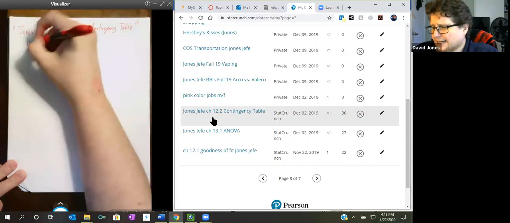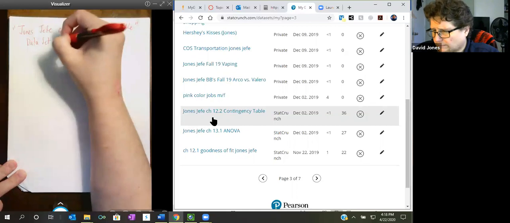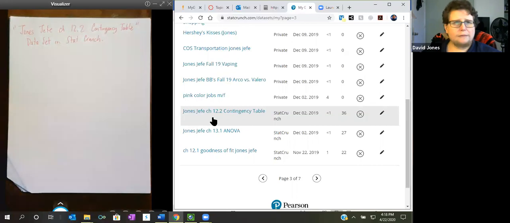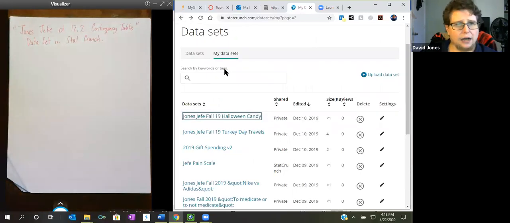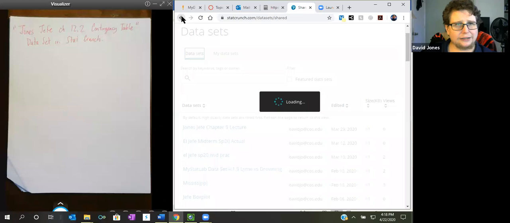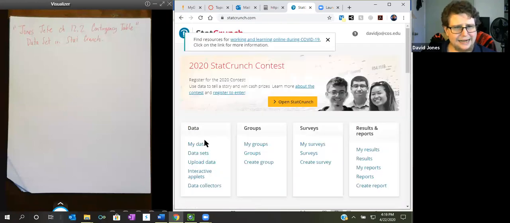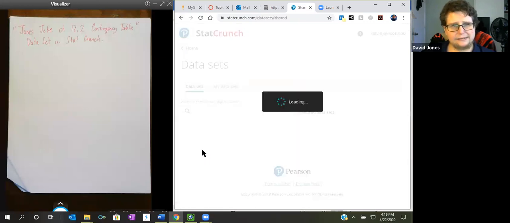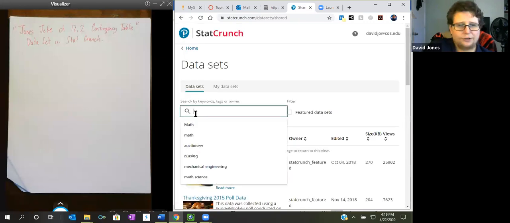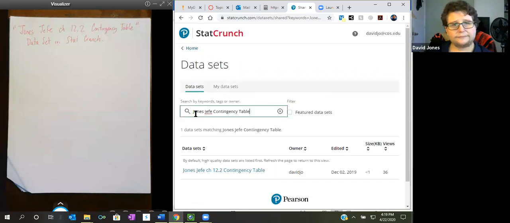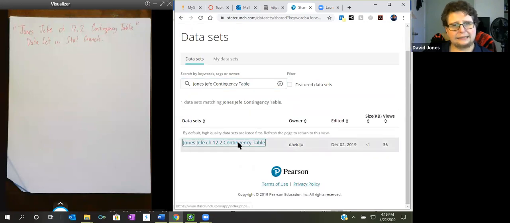That is the data set in StatCrunch. And if you don't remember how to find that, let me click back and do it. Let's go back to home. Here on Data, you click Data sets and you type in the search words. So we had Jones, Hefe. I think I might be able to just go with contingency table and see what pops up. There's the data set, and we can open it up.